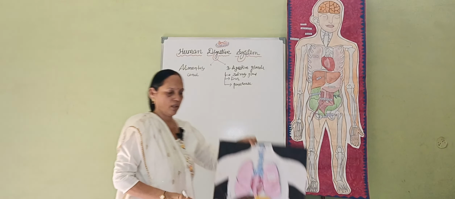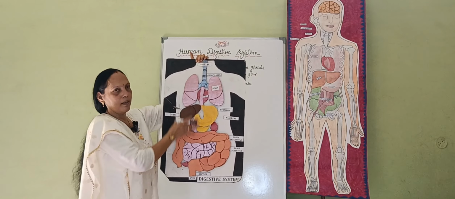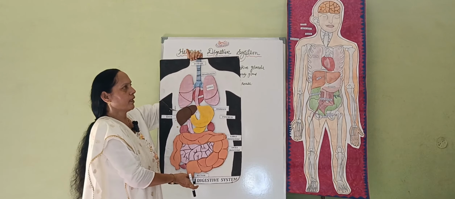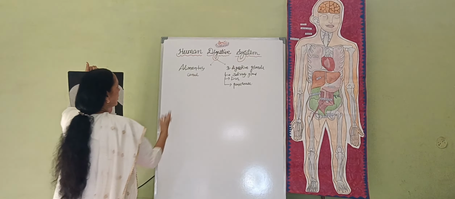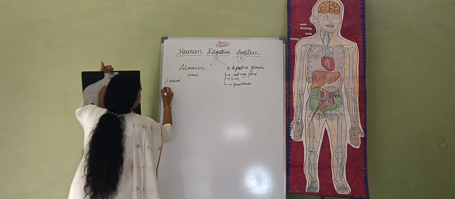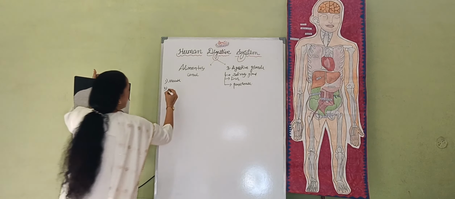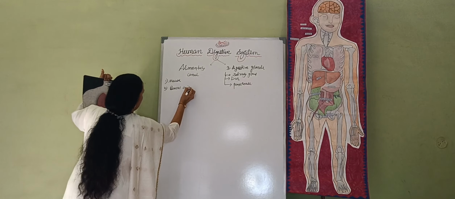If you see the look of this, this is a picture of the alimentary canal. The first part of the alimentary canal is the mouth. Second part is the buccal cavity.